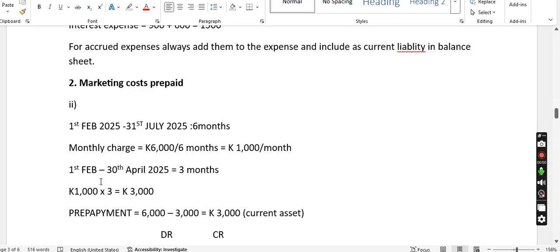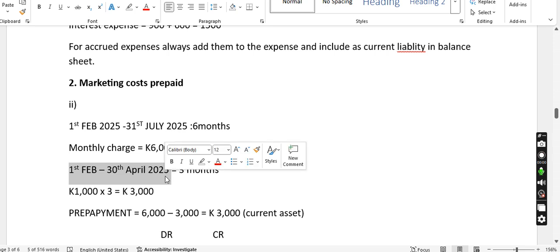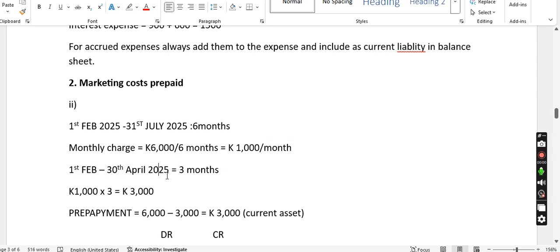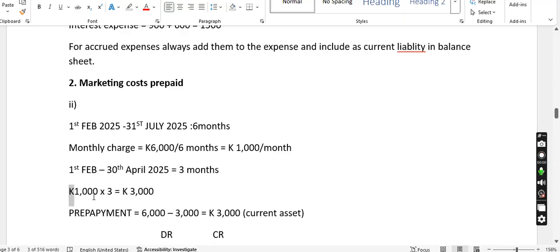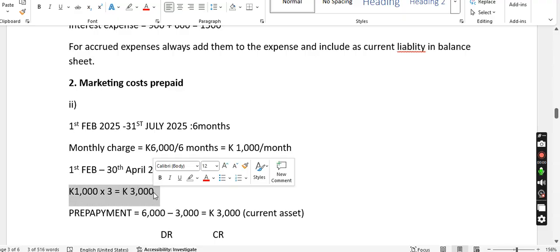We paid for this on 1st February and our year ends on 31st April 2025. So we've used up 3 months. How much is this? 3 times 1,000, 3,000 kwacha.